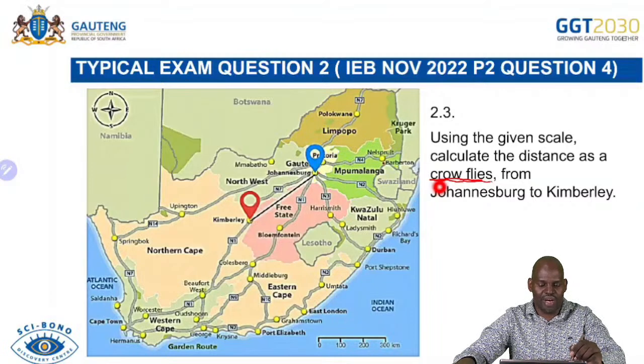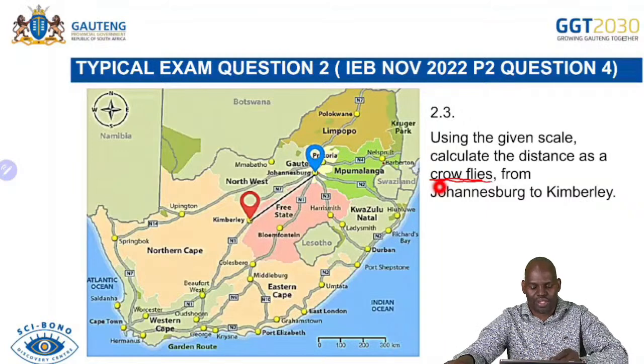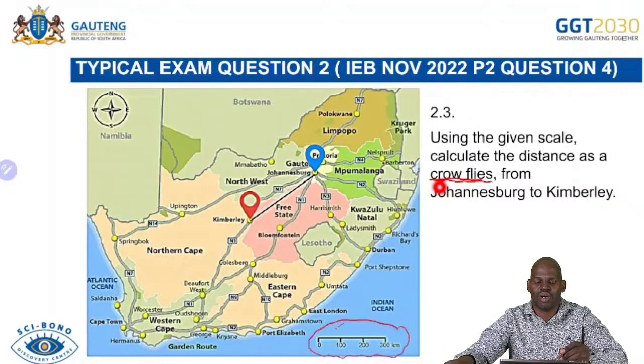The scale that is given is a bar scale. There is our bar scale. So we need to start by measuring the bar scale, or you can start by measuring the distance between Johannesburg and Kimberley.